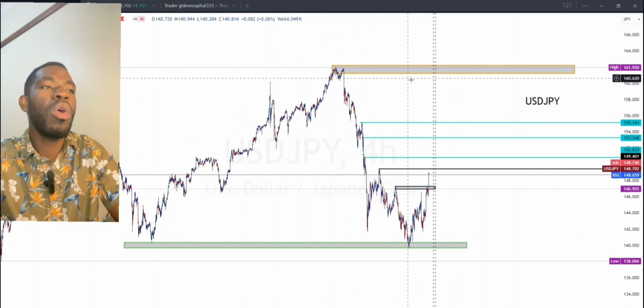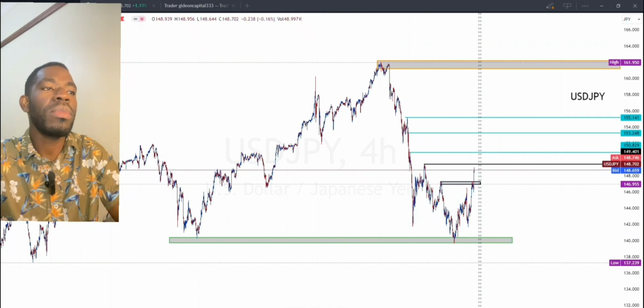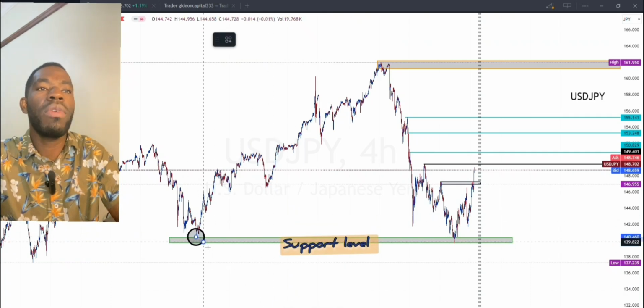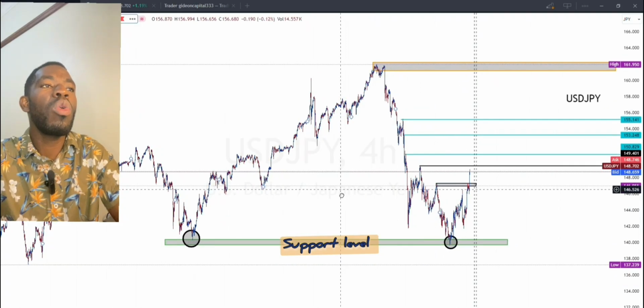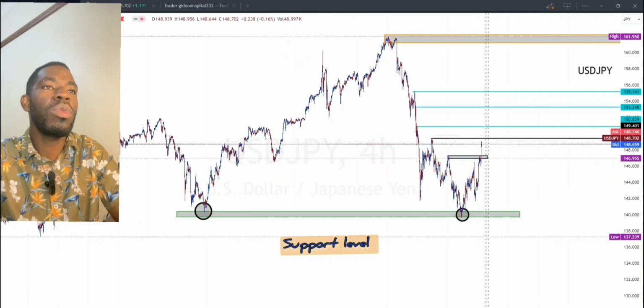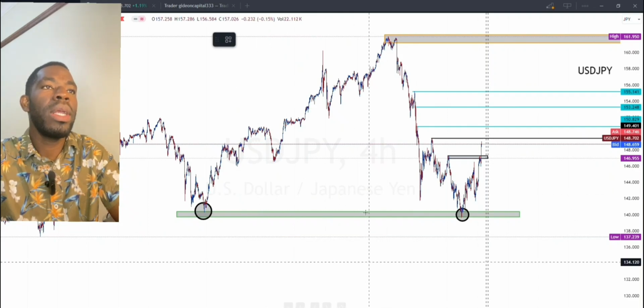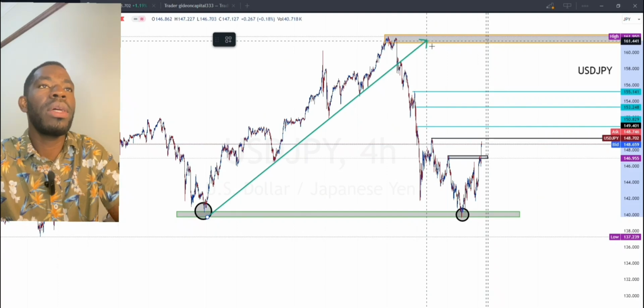This support area was previously, you can see a first touch over here, and then the second touch over here. This is a strong resistance level. Previously price was moving all the way up, but then we see a reversal happening at the resistance.